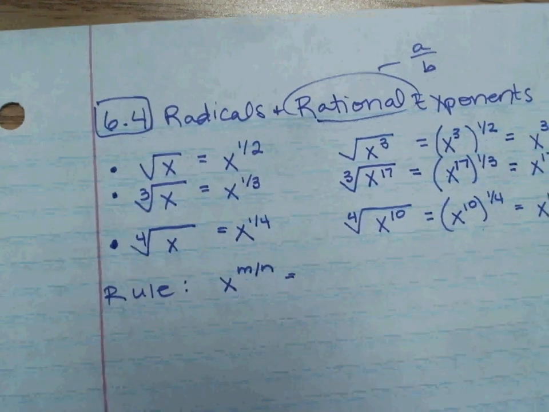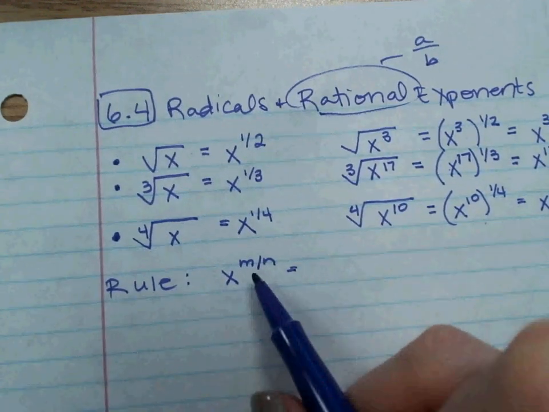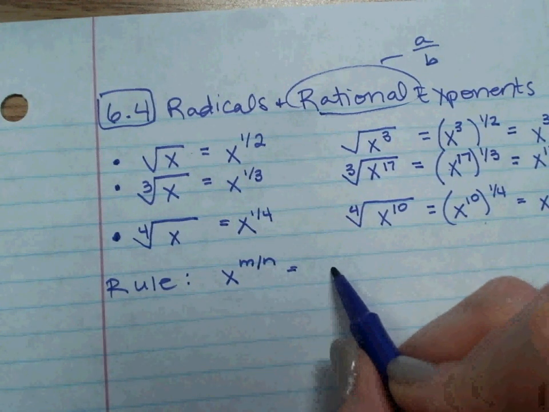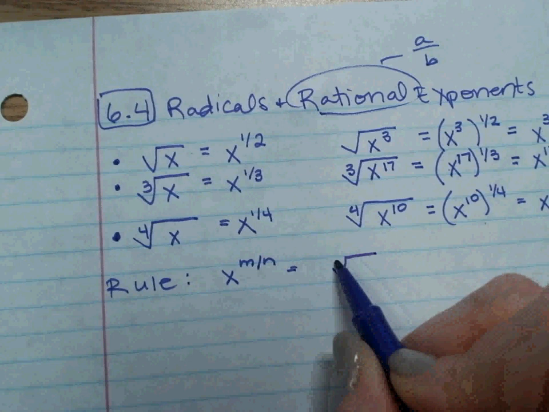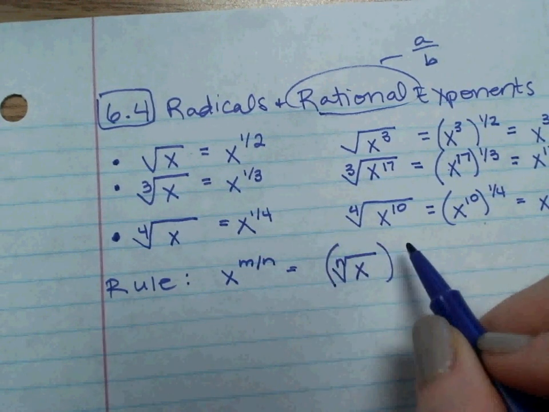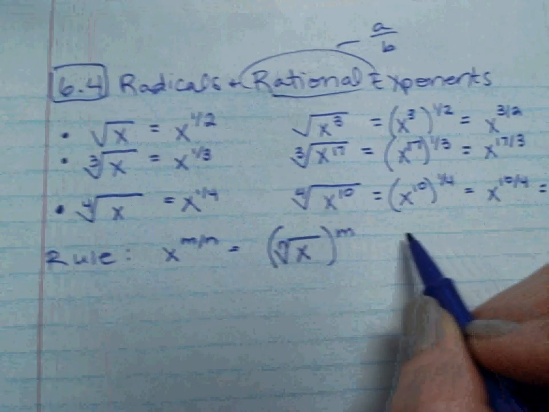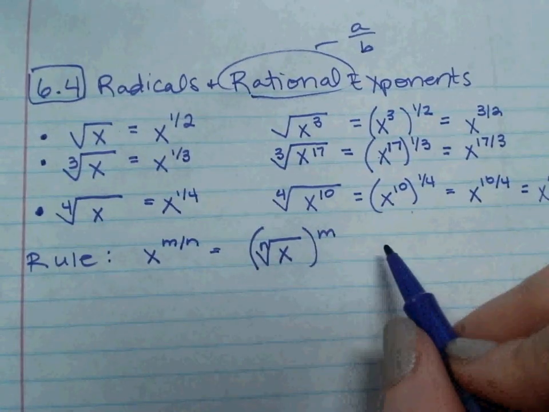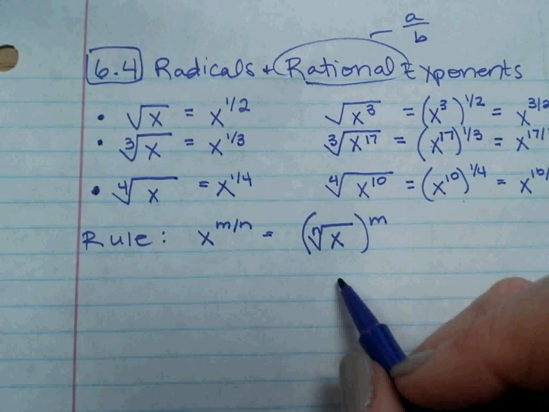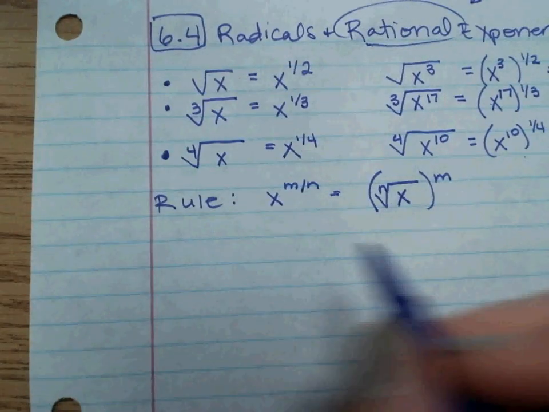So x to the m over n can be thought about in two different ways. We could think about that as the nth root of x to the m power. Actually, that's the best way to think about it. So there's your rule, and we'll look at a couple more examples.